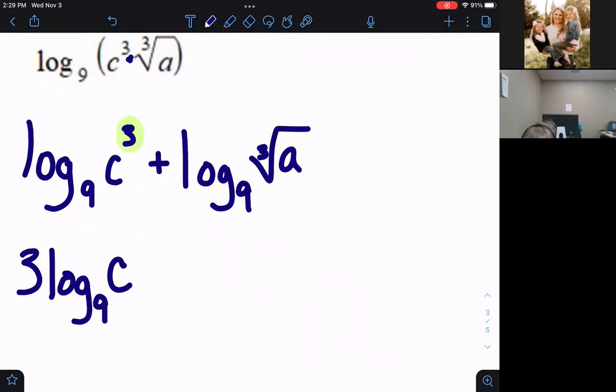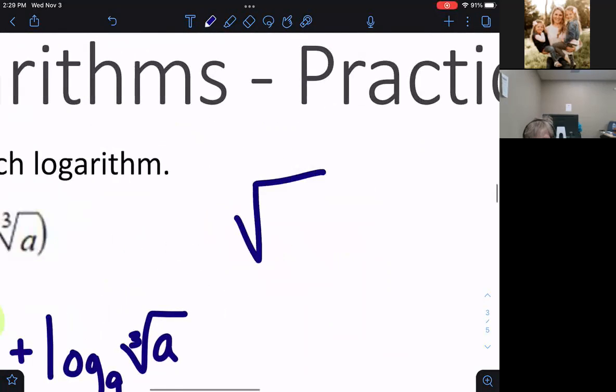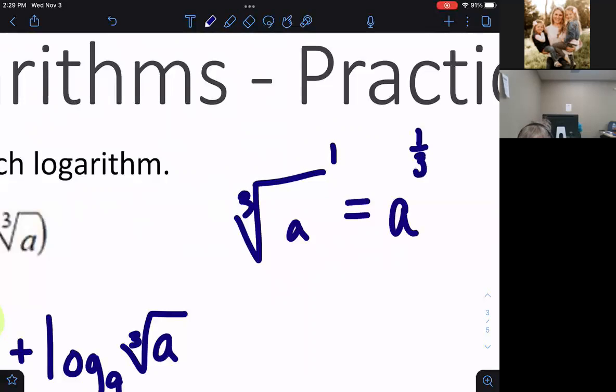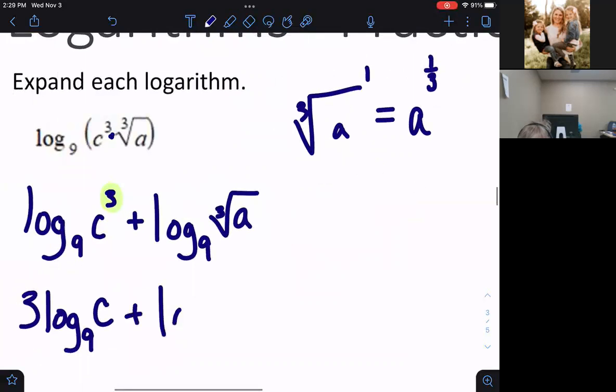However, if you remember from algebra 2, the cube root of a can be converted to a rational exponent. So that is the cube root of a to the 1st, which can be rewritten as a to the 1/3 power. So we could rewrite this as log base 9 of a to the 1/3 power.